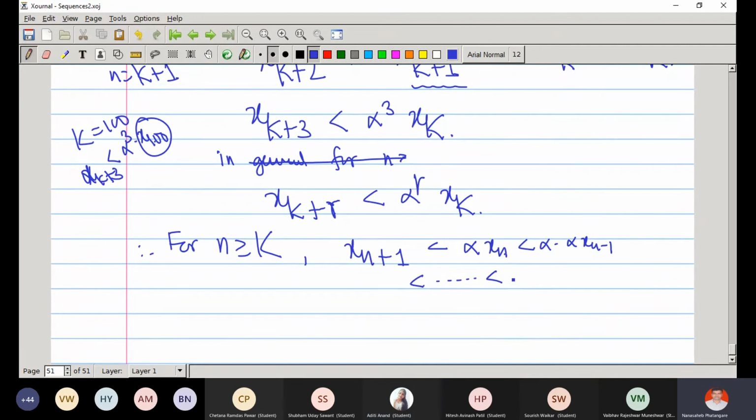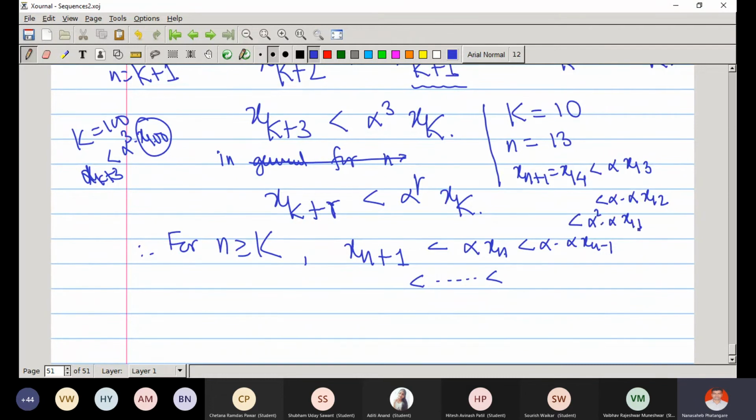Where should we stop? Suppose k is equal to 10 and I choose n equal to, suppose, 13. Then what about xn plus 1, that is x14? It is less than alpha times x13, less than alpha times alpha times x12, less than alpha square into alpha times x11.